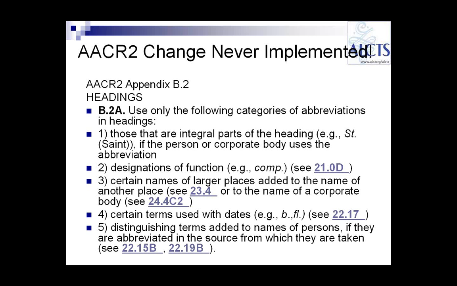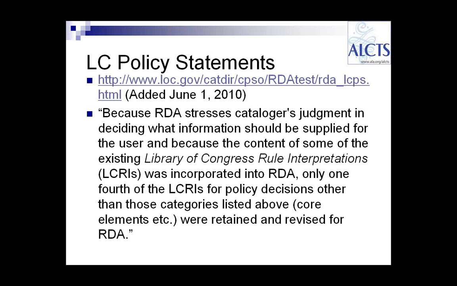And then one last PowerPoint slide. If you're interested in what the new LCRIs, which are the LC policy statements or the LCPSs, look like, you can look at this website, because this basically is Library of Congress's commentary on the use of RDA.